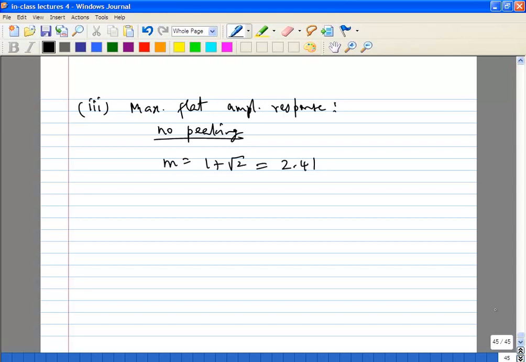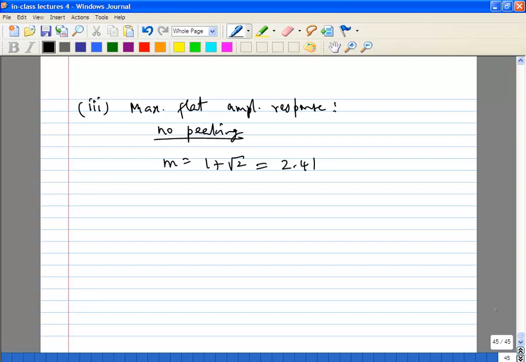One way to find the maximally flat case is a standard method: make sure you maximize the number of derivatives whose value at DC is 0. That's a very standard way to derive a maximally flat response.